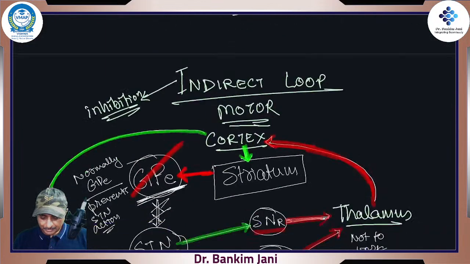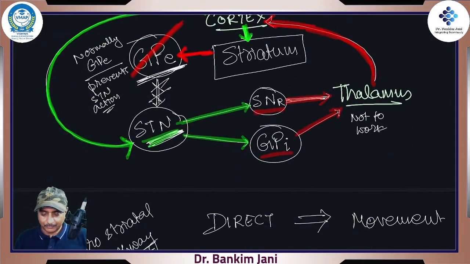And when it comes to the indirect pathway, this substantia nigra, which was supposed to tell the thalamus, boss, stop working, but when he himself is damaged, then that signal won't be going that strongly. So the thalamus would not be told that strongly to stop. So some movements will keep on occurring.